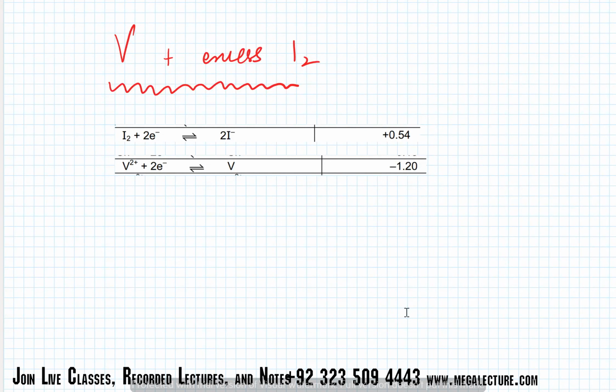Again, the higher one gains electrons, the lower one loses. This is the higher one, and that's my lower one.